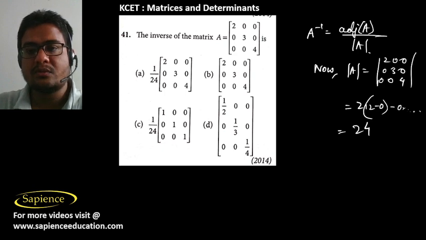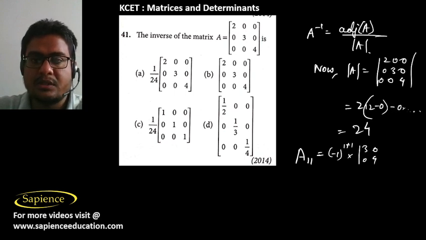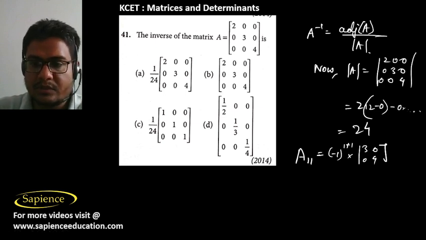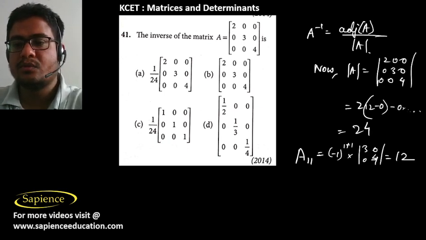Now we have to find the adjoint. For the adjoint, we have to find the transpose of the cofactor matrix. Cofactors we have to find. The cofactor A11 is equal to minus 1 whole power 1 plus 1 into M11, which is the determinant of the remaining part by removing the first row and first column. You have to take the determinant of this, so this will be 12.